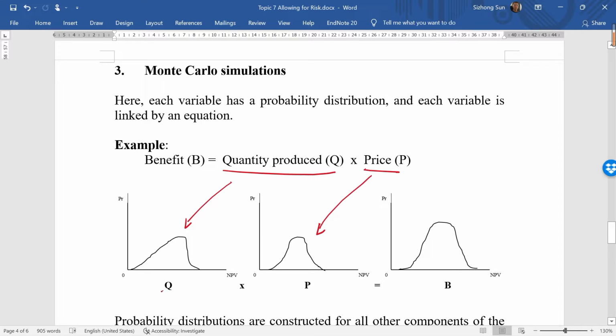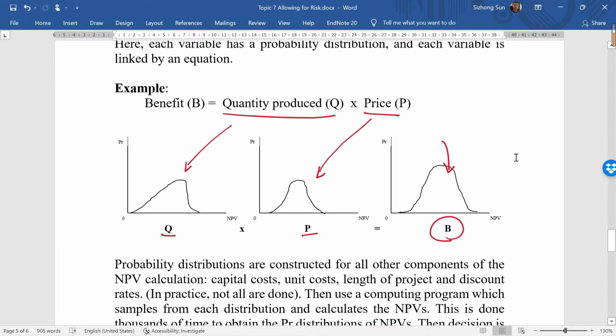Then quantity times price gives us the benefit. It has an associated distribution of this. So from knowing the distribution of quantity and the distribution of price, we can construct the probability distribution of the benefit.